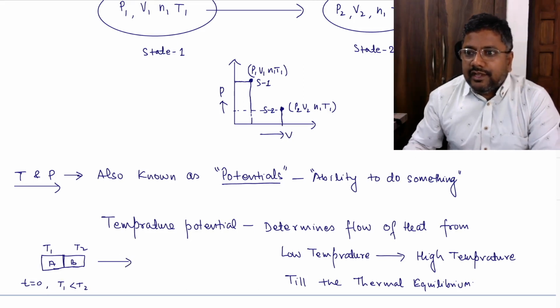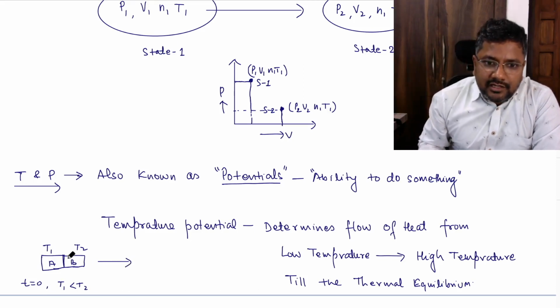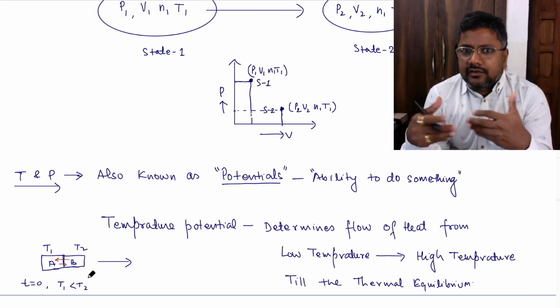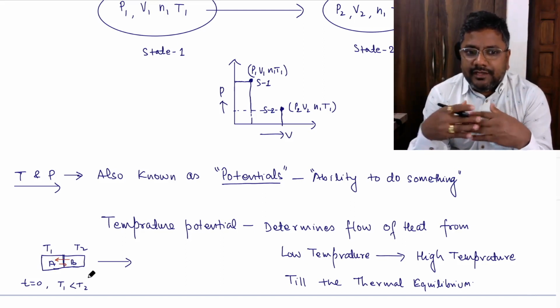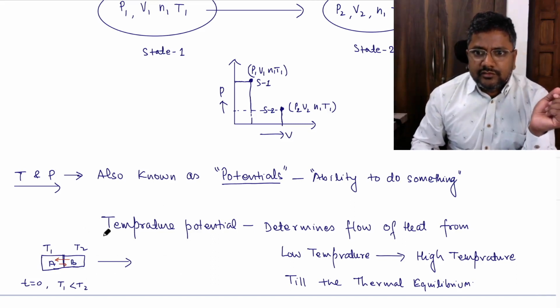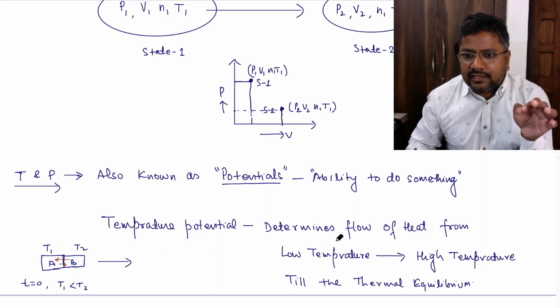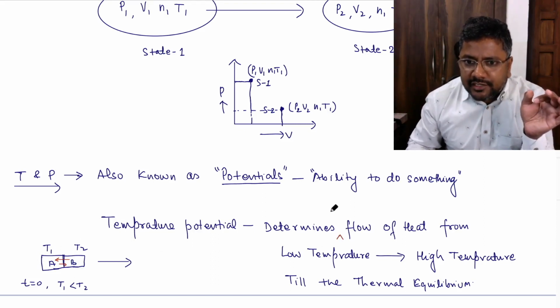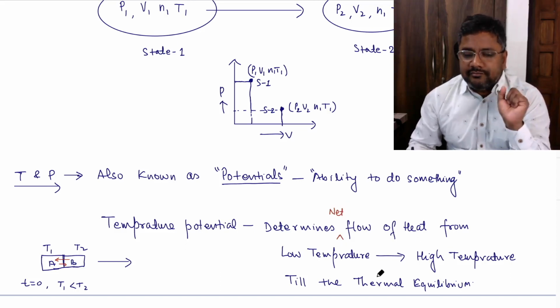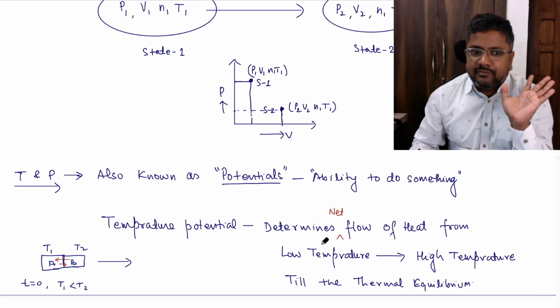With time you will find that heat will be transferred from here to here. But remember, a little bit of heat may be transferred the other way. This is a dynamic phenomenon, so we cannot consider a unidirectional flow of heat. So I can make a small change: net flow of heat from low temperature to high temperature. Now this statement becomes perfect.